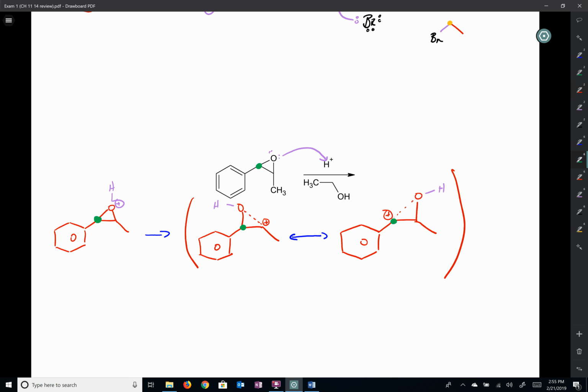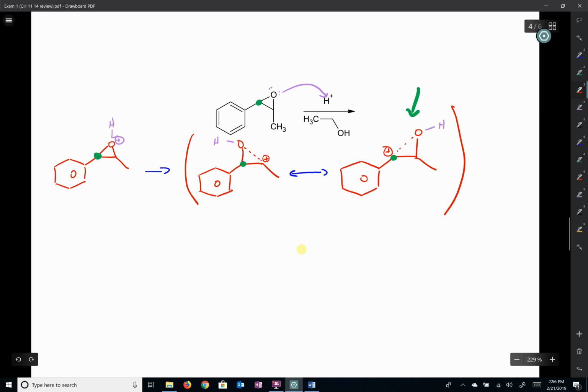It's the carbon that's next door to a benzene ring. What happens if we draw a positive charge there, we can actually start to draw a resonance structure. So that benzylic carbon is going to be stabilized by being next door to that benzene ring. So we're going to end up picking this one to work with.